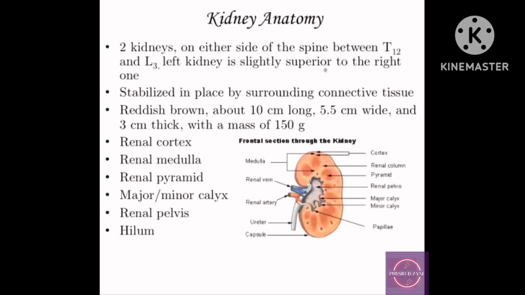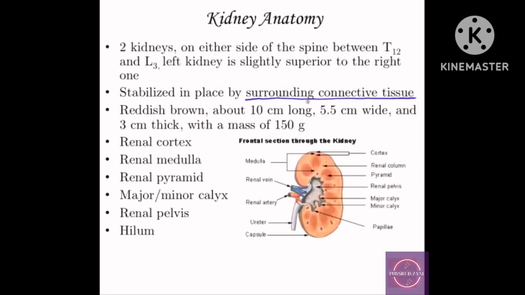But the left kidney is slightly superior, slightly higher than the right one. They are held in place by surrounding connective tissue, and that includes the peritoneum, a nice wrapping around abdominal organs that keeps them in place.